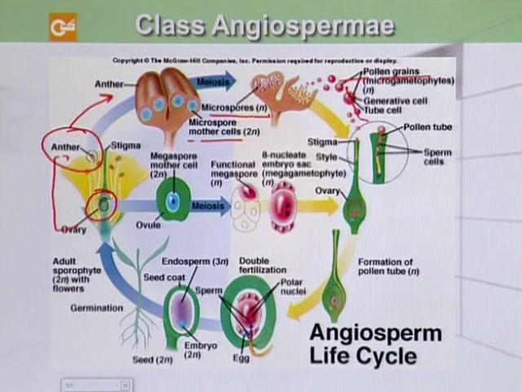These pollen grains, when they come inside this female part, form a pollen tube as well as two sperm nuclei.